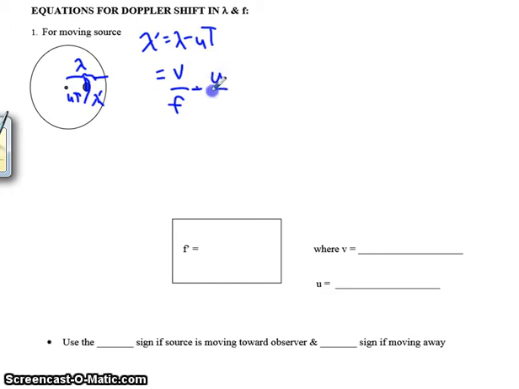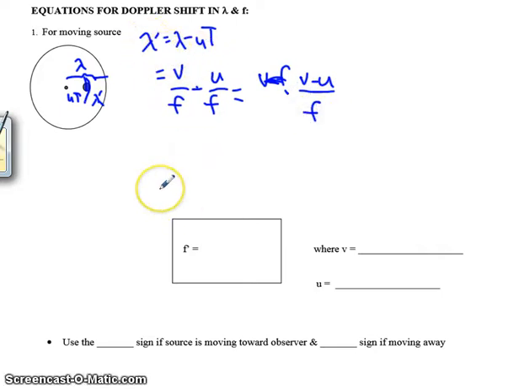So we can call this u times 1 over f, or u divided by f. So that's lambda prime. Let's simplify this a little bit. We have a common denominator, so this is v minus u, all divided by f, and that again is lambda prime.